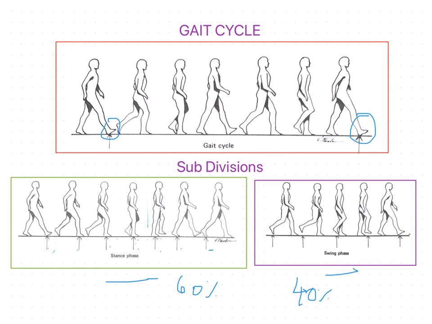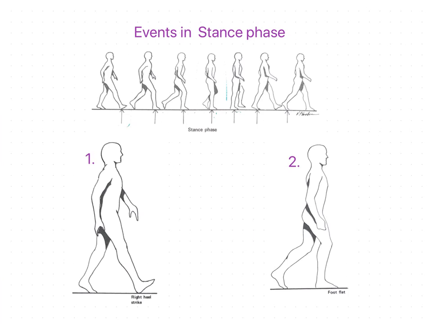We are going to discuss the stance phase and its events and subphases first, and then we will move on to the swing phase. The events in the stance phase mainly include 5 stages.